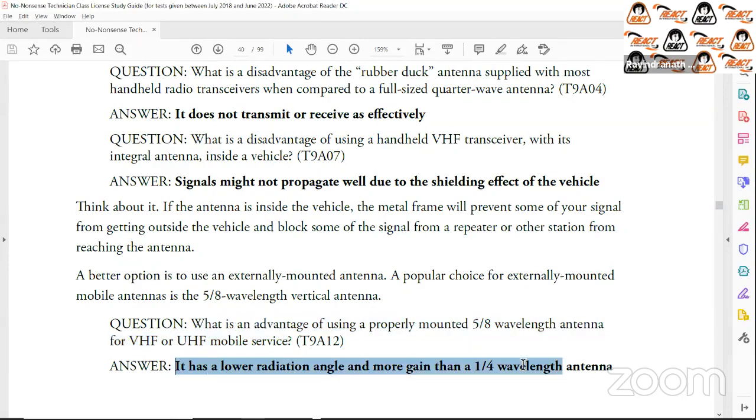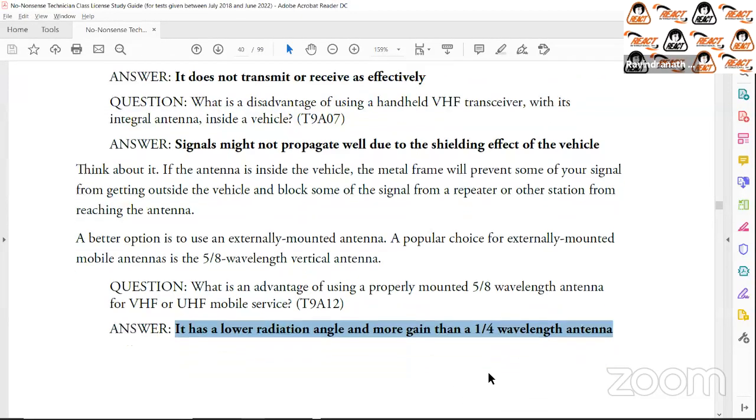So the answer is, the reason why the 5/8 wavelength antenna has an advantage for VHF and UHF is because it has a lower radiation angle, meaning the signal goes further, and it has more gain than a quarter wavelength antenna. So just think about that diagram where we saw the signal going further using a 5/8 wavelength antenna versus the half wave and the quarter wave.